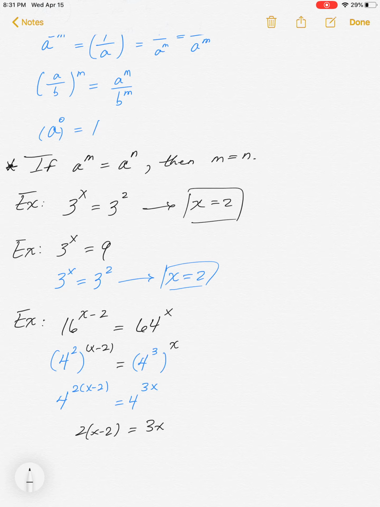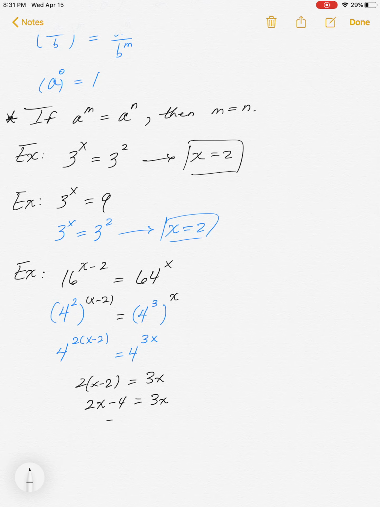We're not throwing anything away. Someone asked at one time, so you just throw the 4s away? No. By the corollary, once the bases are equal, we can set the exponents equal to each other, and we just start solving. We have 2x minus 4 equal 3x. Get the variable on one side, constants on the other.